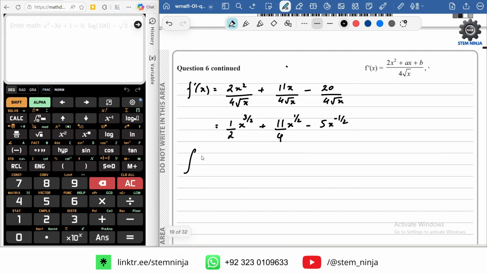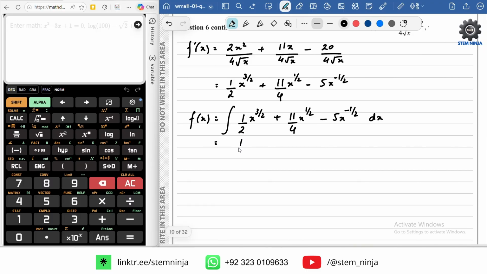So now when we integrate this function, 1 over 2 x to the 3 by 2 plus 11 over 4 x to the 1 over 2 minus 5x to the minus 1 over 2 dx.